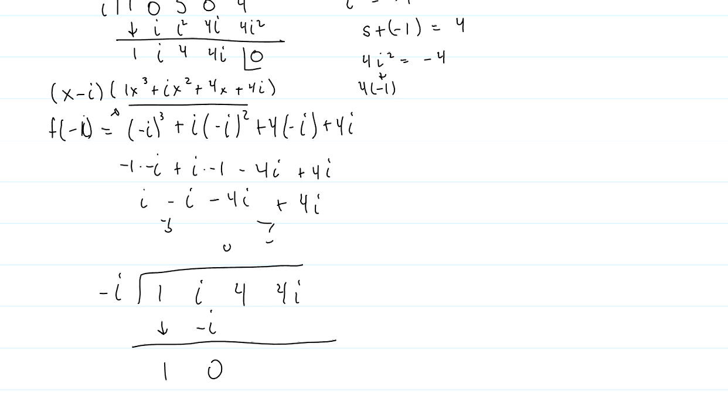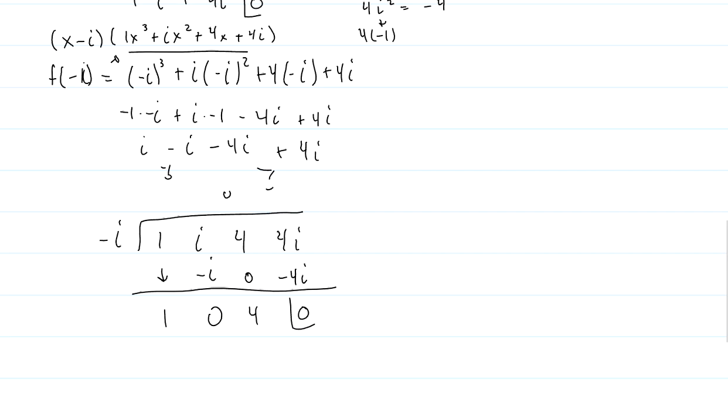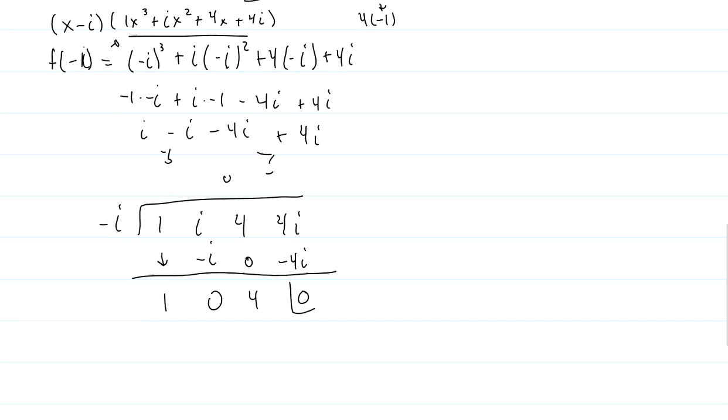We add them together, we get 0. 0 times -i gives us 0. So we get 4 when we add them together. 4 times -i gives us -4i, which gives us 0. Remainder 0. Very good.